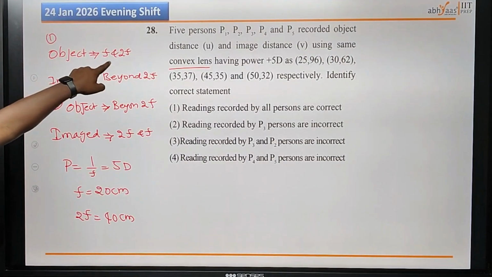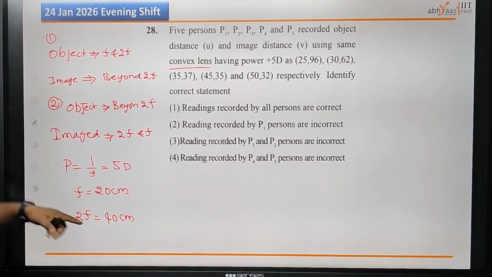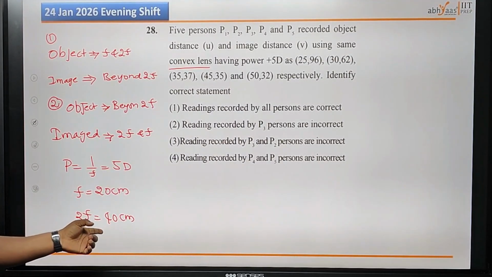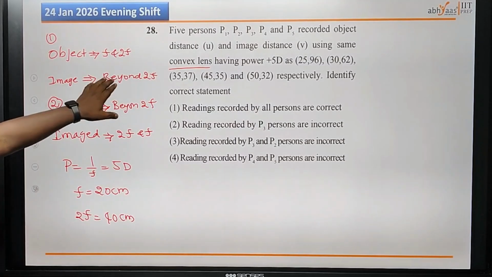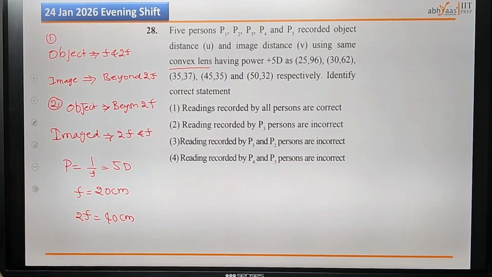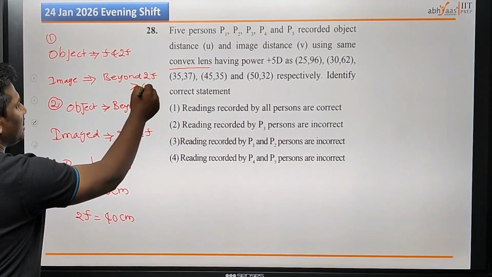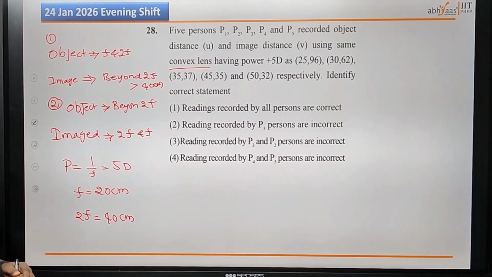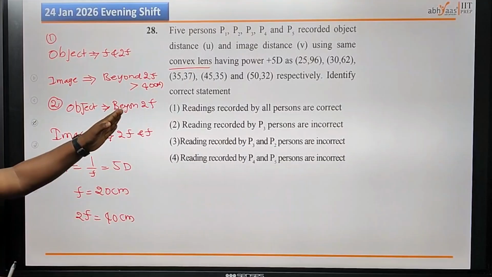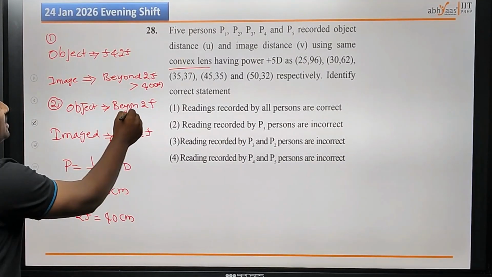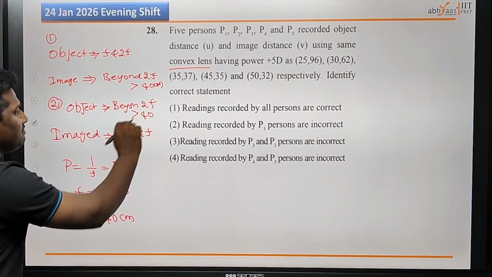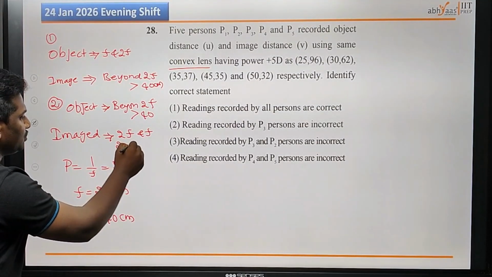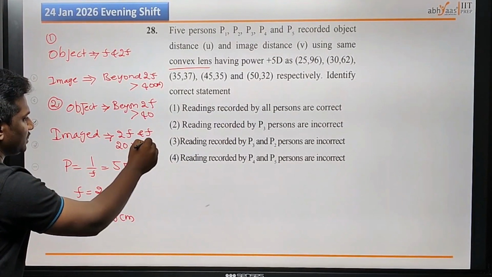If the object is between F and 2F, that is between 20 and 40 centimeters, then the image is formed beyond 2F, at greater than 40 centimeters. Second, if the object is beyond 2F, greater than 40 centimeters, images are formed between 20 to 40 centimeters.